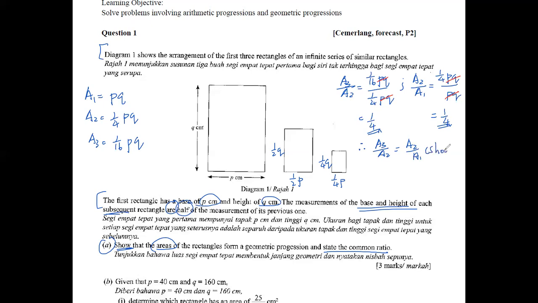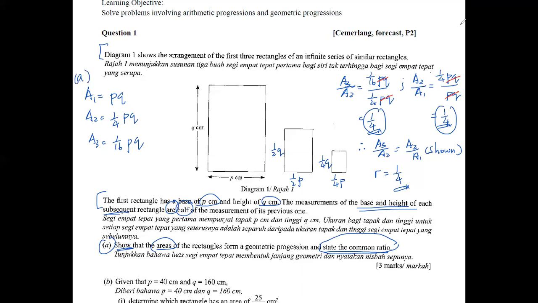Hence, you have already shown that these areas form a geometric progression. Last but not least, don't forget this part: the common ratio, r, is 1/4. So this is part A.